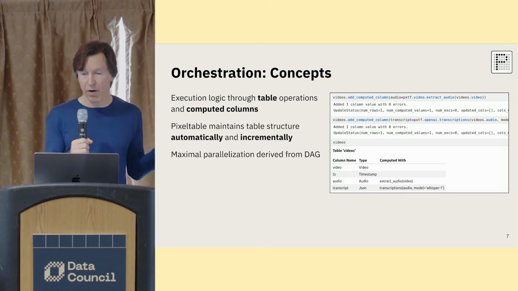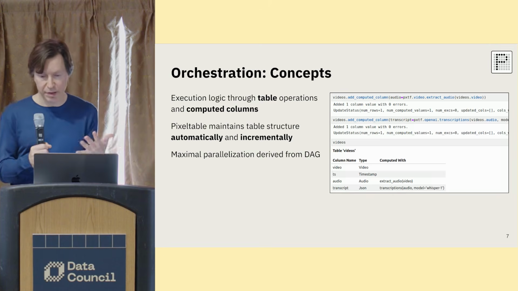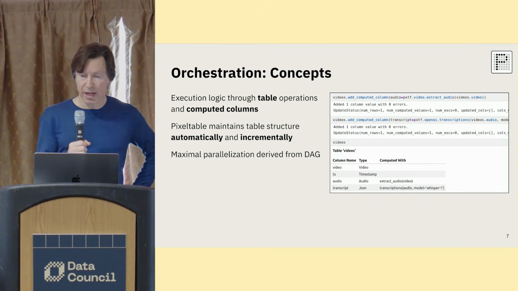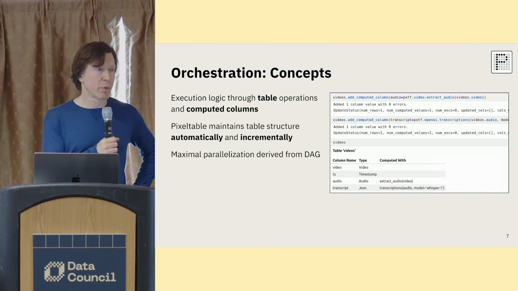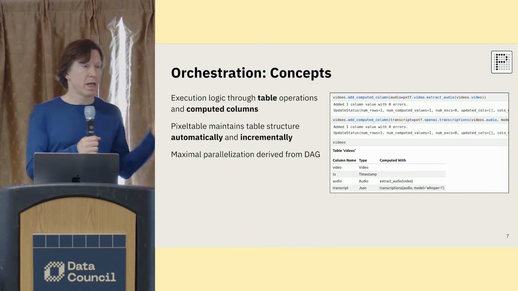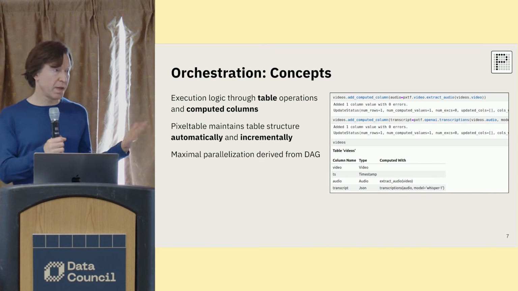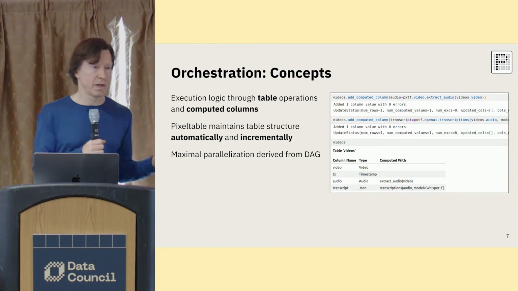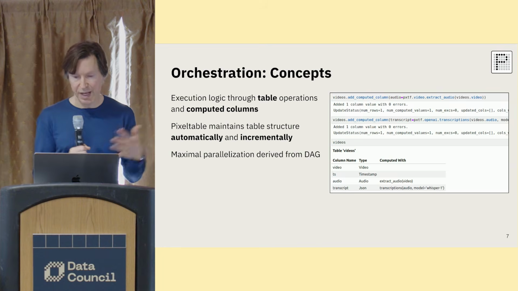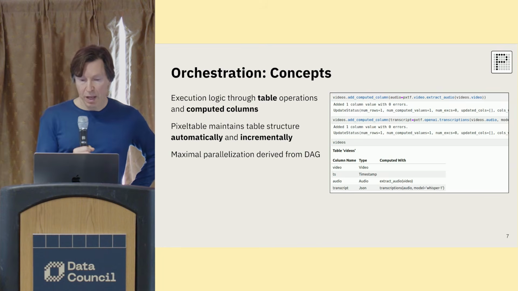So now you created the audio column and told Pixeltable how to compute the audio values in the column. When you insert something, it will run it, produce a file, store that file locally and put the URI of the file into the database. So everything stays inside that system.